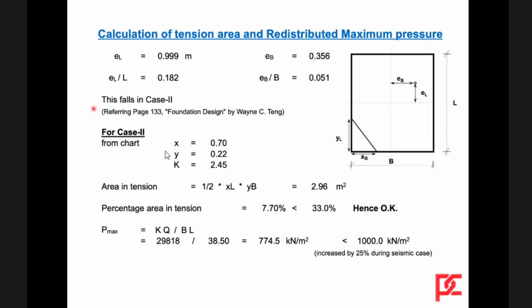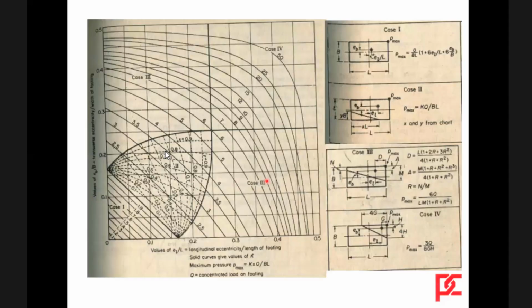And this case falls in case 2. For this, those are all given. You can see they're all given, case 1, case 2, case 3, case 4, like that. And these are the tables. From this, we have used these tables and these formulae to calculate the tension area.